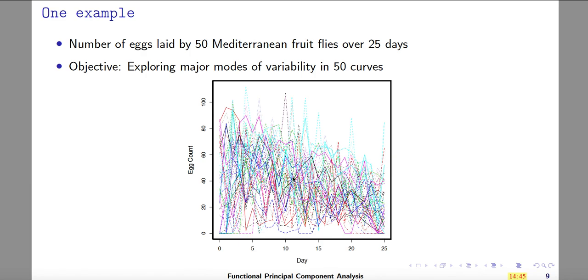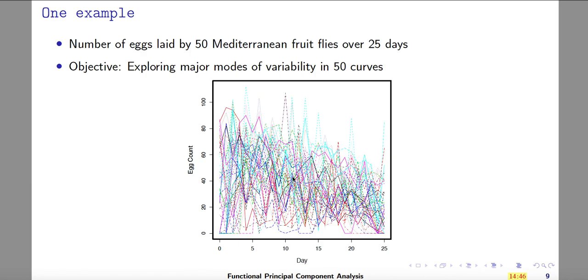Before I go further, if you look at this data just by eye, can you find out at which age, in which time, these curves have the most variation? Any ideas? Joe, do you think the early age or the later age has the most variation in these curves?